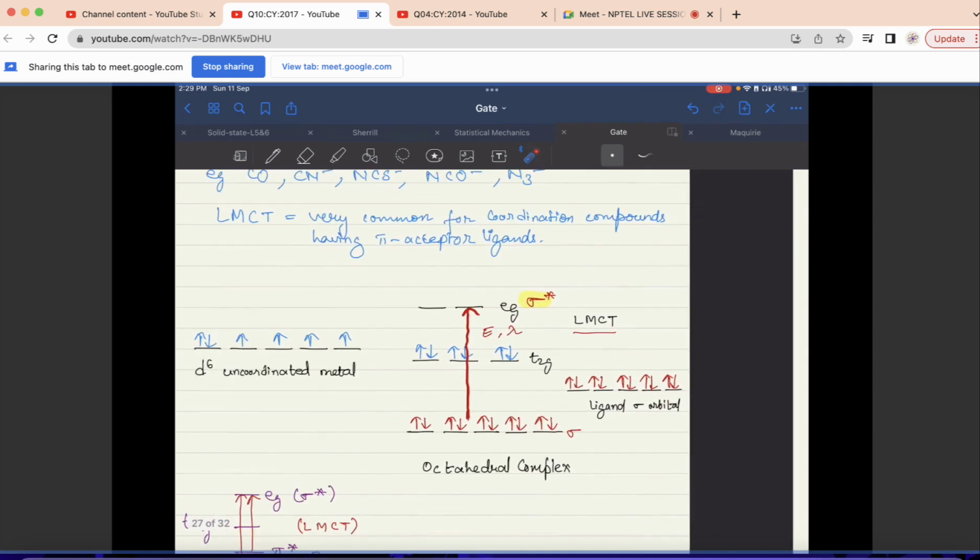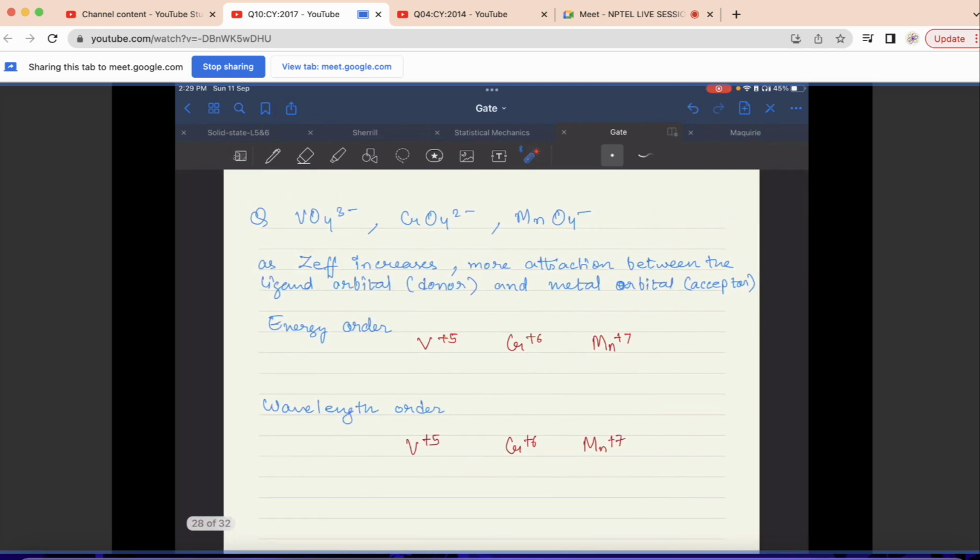So coming to our question, which was asked, for these given complexes we should find the order of the wavelength of the transition for the LMCT.